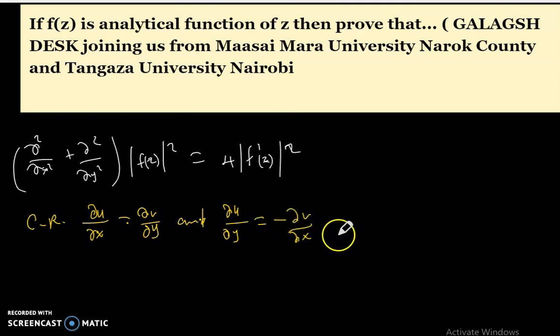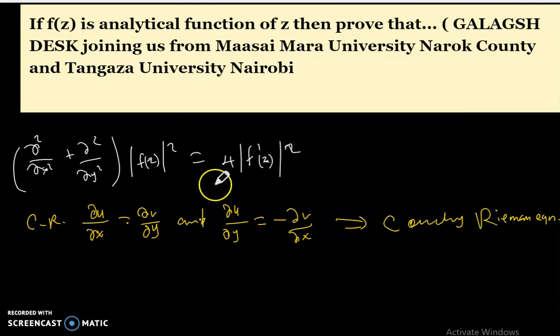This is according to the Cauchy-Riemann equation. Let me write it in full. Okay, so this must be satisfied for us to prove that whatever question we are given here is true.